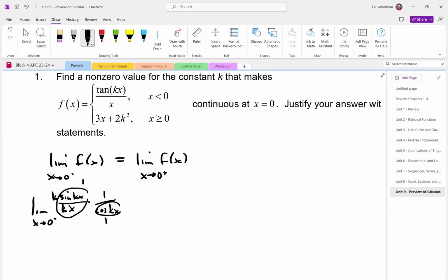So we're just left with, okay. Are we good with that so far? Yeah, the left side, how about the right side?